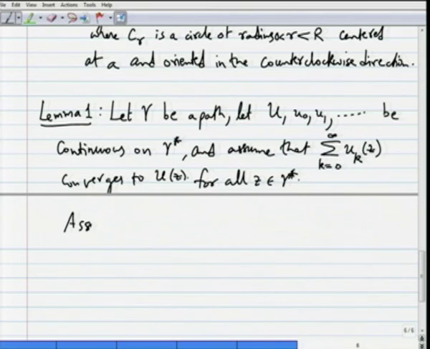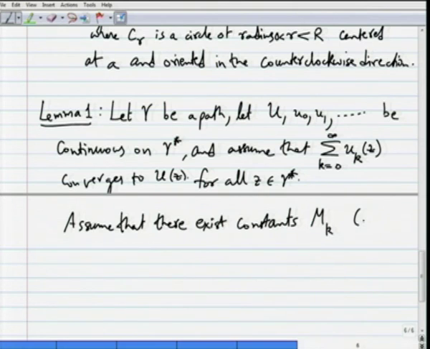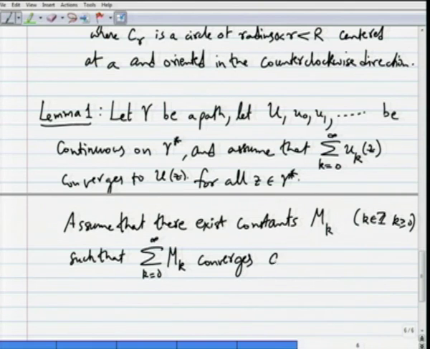Now, assume that there exist constants M_k, k belonging to the non-negative integers, k greater than or equal to 0, such that the sum of M_k, k equals 0 through infinity, converges, and these M_k's are related to the u_k's as follows: the modulus of u_k(z) is less than or equal to M_k for all z belonging to the trace of gamma.